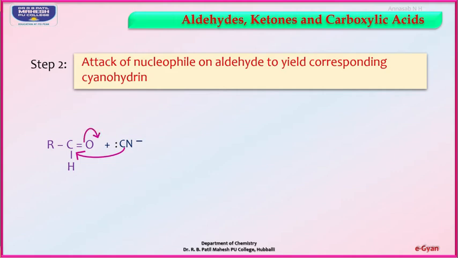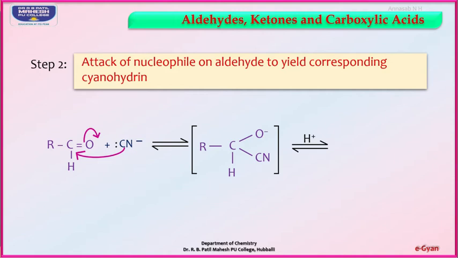Oxygen being more electronegative, it withdraws electrons, leading to the formation of an intermediate or unstable compound with O minus, because oxygen gains the electrons. The hydrogen atom of HCN is going to attack O minus, leading to the formation of final compound cyanohydrin, R CHOHCN. So this is the very important mechanism for your board exam. Very simple process, you can practice it.